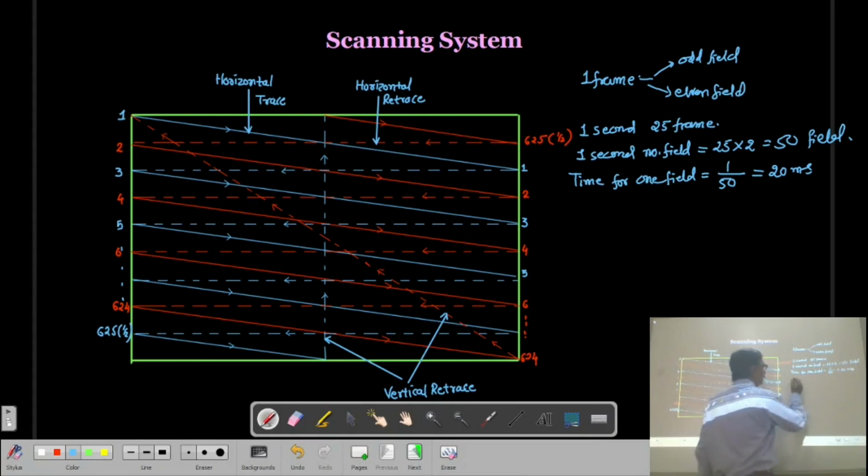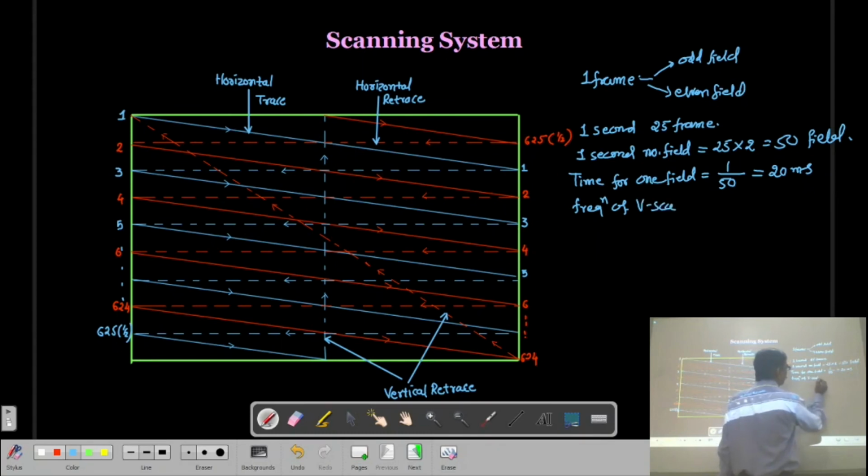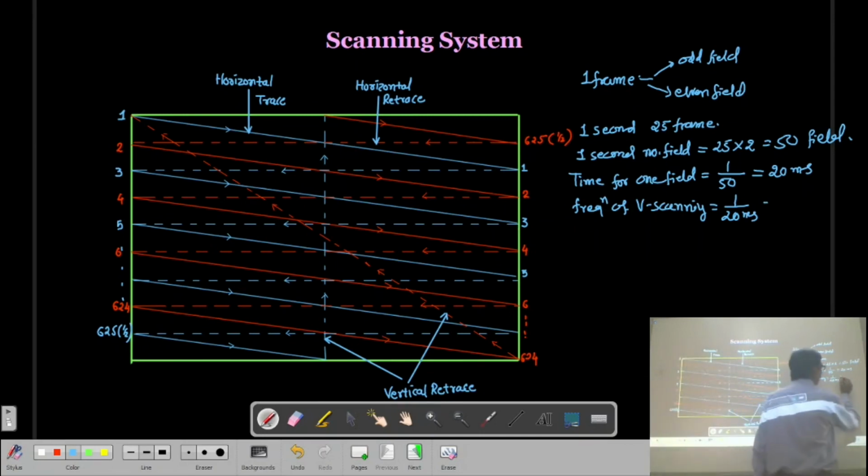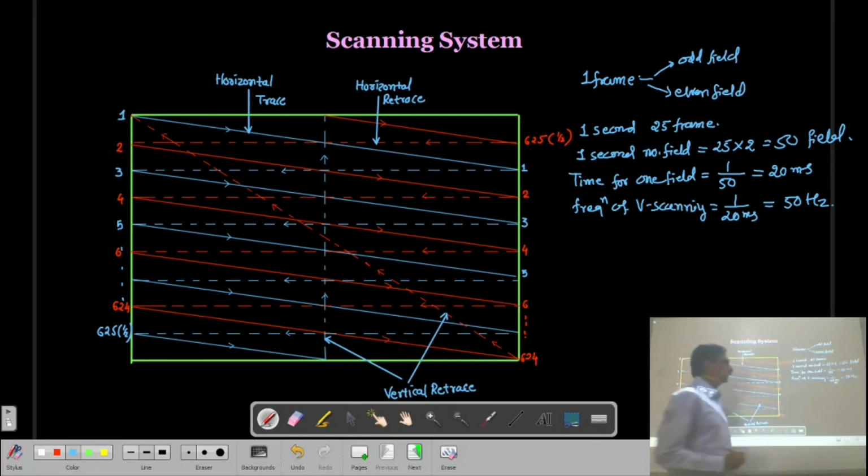The frequency of vertical scanning is 1 upon 20 milliseconds. Frequency means 1 upon t, so this is 50 hertz. So you should understand that the required scanning frequency is 50 hertz. Okay?